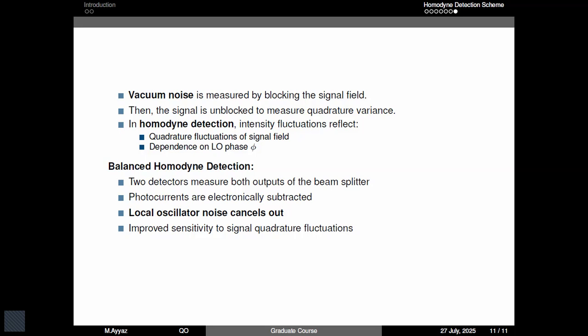Today we have discussed what phase-sensitive measurement is and how we can do it. We also saw why the techniques that are usually associated with intensity measurements are not that helpful, because they do not have that kind of interference.